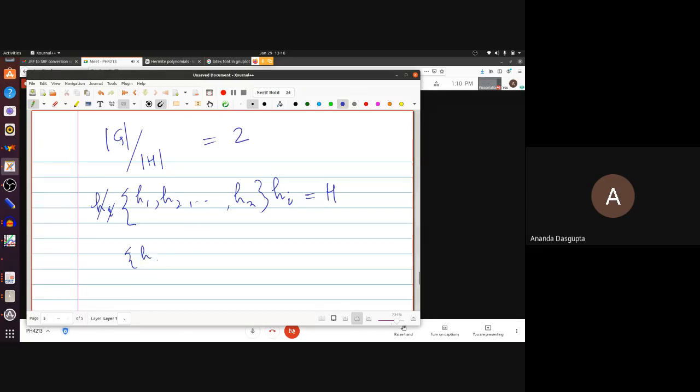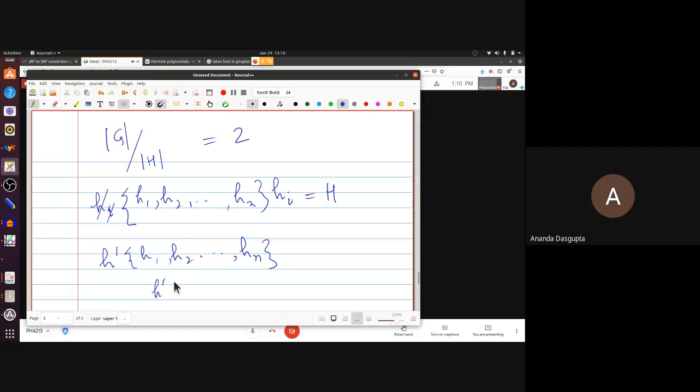But now pick an element H prime. I'm calling it H prime deliberately, to show that H prime is not one of H1, H2, Hn. So this is a coset. You agree?